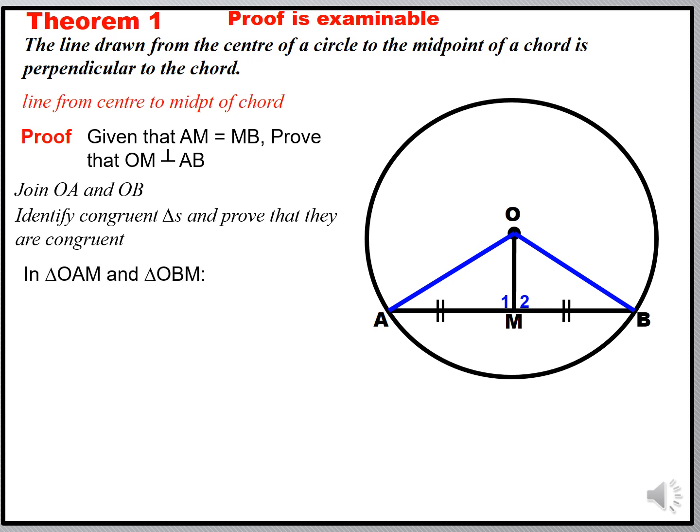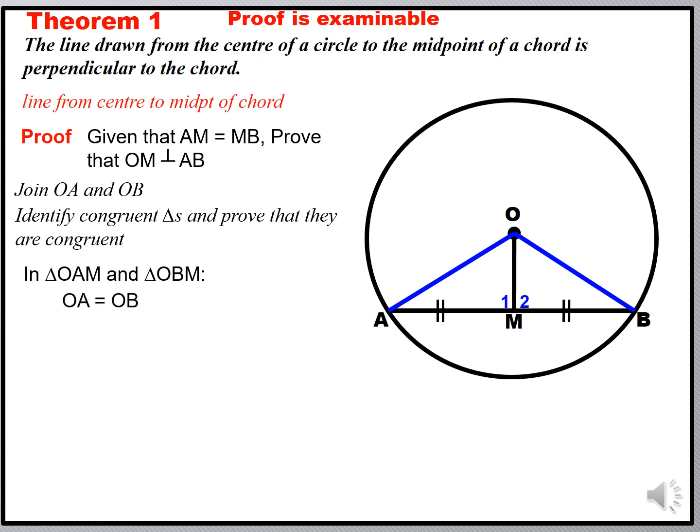If we start from point O going to the left, our triangle is OAM. From O to the right, it's OBM. OAM and OBM. Then we need to prove that those two triangles are congruent to each other.